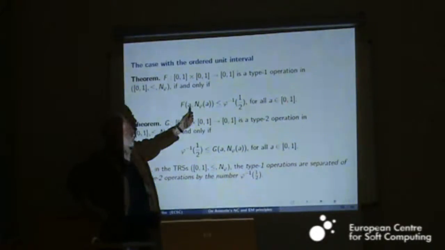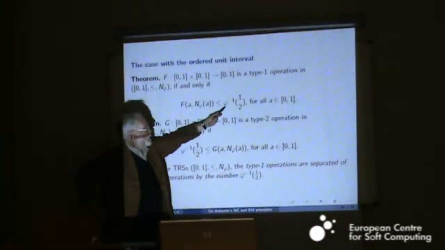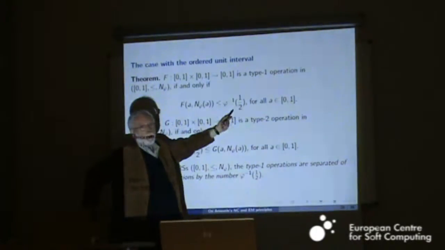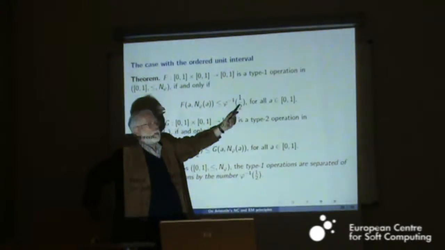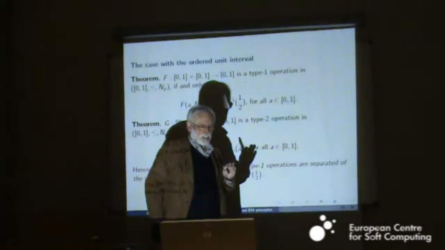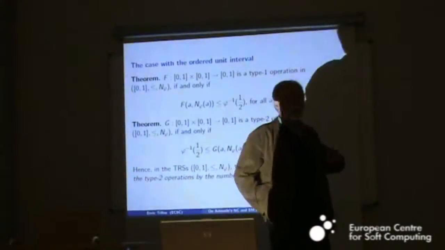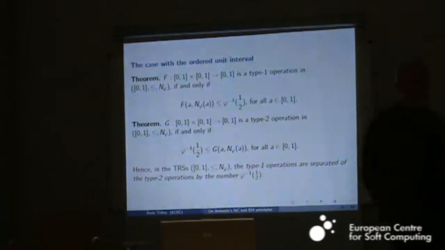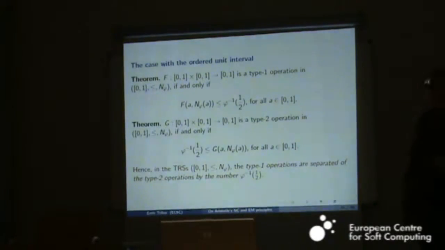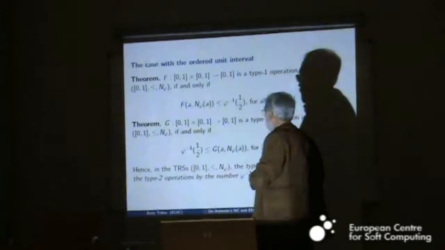Look at just one variable, and just one. This is the fixed point of the negation. F doesn't need to be a determinant, it is any function verifying this. Of course, there are thousands.